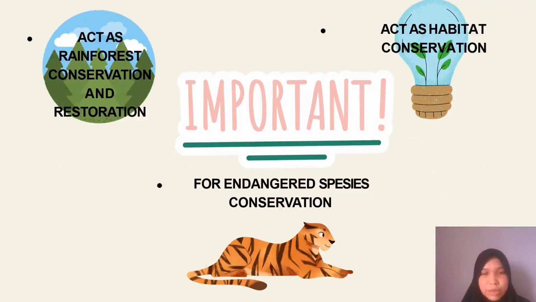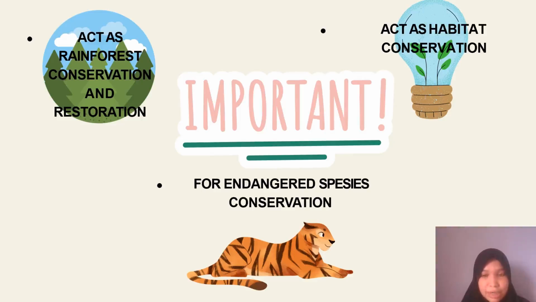So the importance of this ecosystem is, the first one is it acts as rainforest conservation and restoration, and second is it acts as habitat conservation, and the last one is for endangered species conservation.